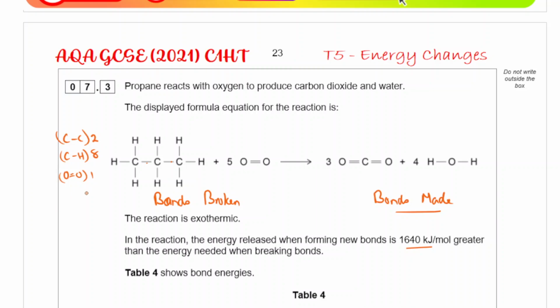You're breaking all these bonds. You're making, actually, this is 5 oxygen molecules, so that would be 5 of them. On this side, you're making carbon oxygen double bond. There's 2 in one molecule, so that means there's 6. And oxygen hydrogen bonds, in one water molecule there's 2, because there's 4, that's 8.